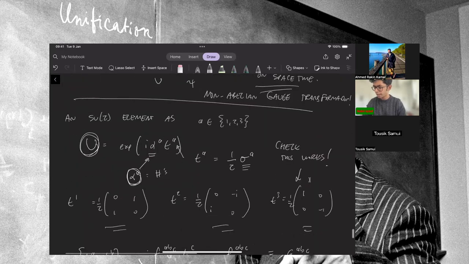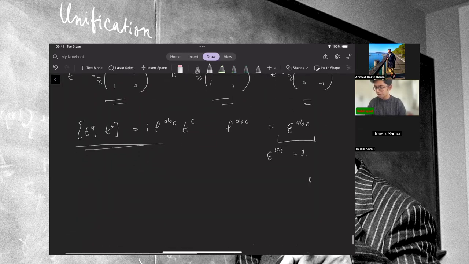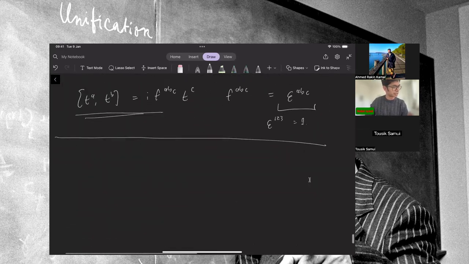Okay, so let's do it. Let's take the basic attempt. Okay, so we're going to do the same thing we did before. We try writing down something like the integral d^4x psi bar (i d-slash minus m) psi.